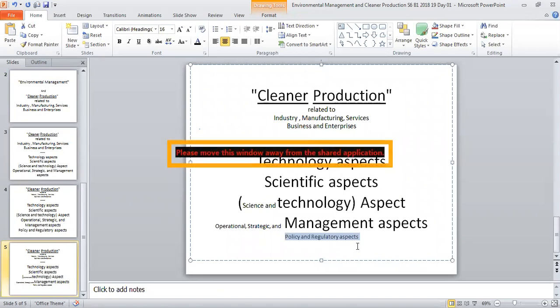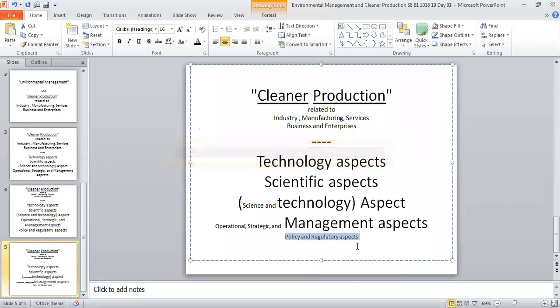So this says that cleaner production is not only production, not only manufacturing, not only industrial. There should be operational, strategic, policy, and regulatory aspects.